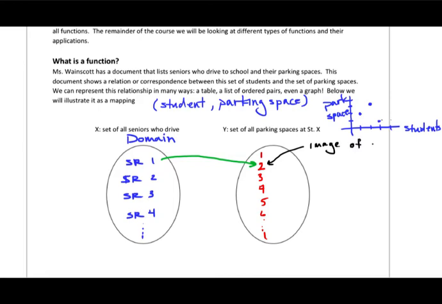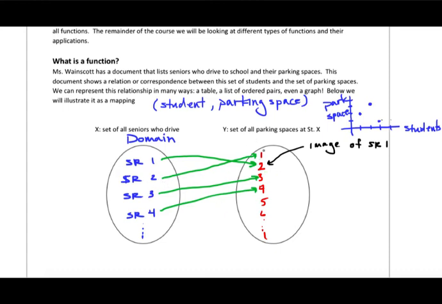So that's the image of the element in the domain. Senior 2, let's say, got spot number 1, senior 3 got spot number 3, and senior 4 gets spot number 4, and so on. We can make this correspondence anything we want.